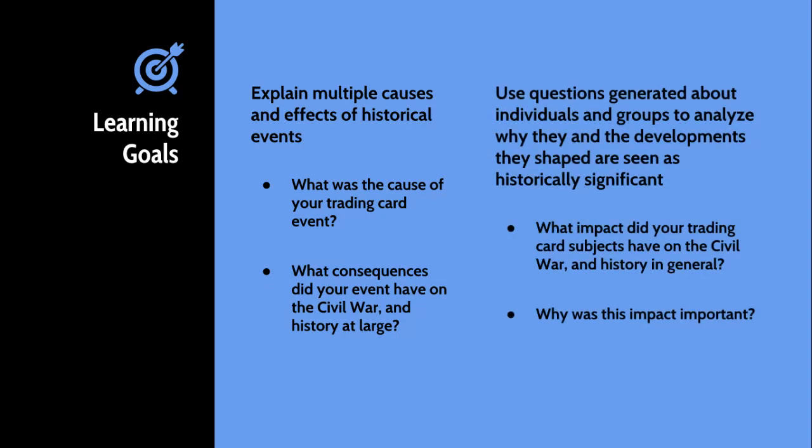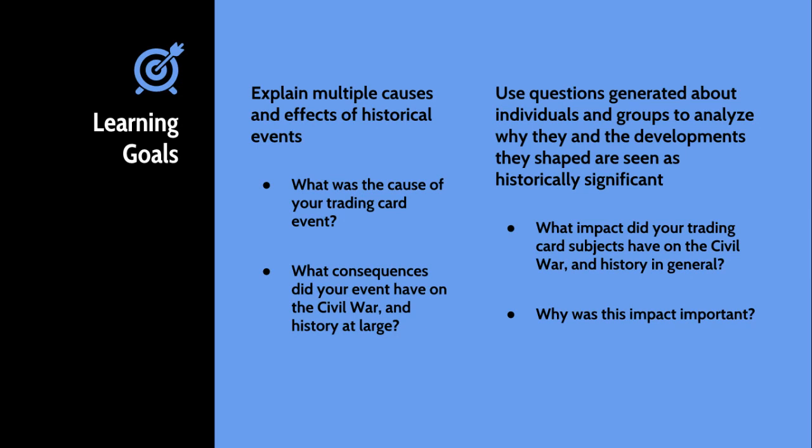The second learning goal that you're going to be assessed upon is your ability to use questions about individuals and groups to analyze why they and the developments they shaped are seen as historically significant. So to meet this learning goal, think about the impacts that your trading card subject had on the Civil War and history in general, and why was this impact important?